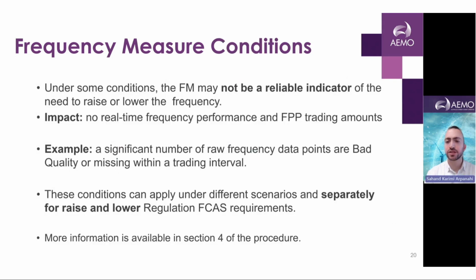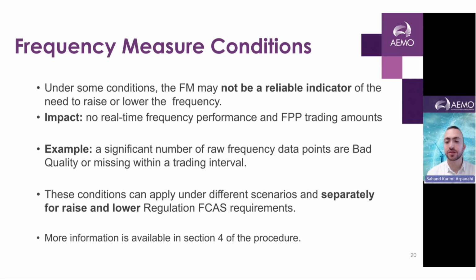While the frequency measure is formulated to indicate the need to raise or lower the frequency, in some instances, it may not be a reliable indicator. Therefore, we detect these instances through a set of conditions for the frequency measure, such that if conditions were not met, the measure would be considered unreliable. In such cases, there will be no frequency performance calculated, and therefore no FPP trading amounts.